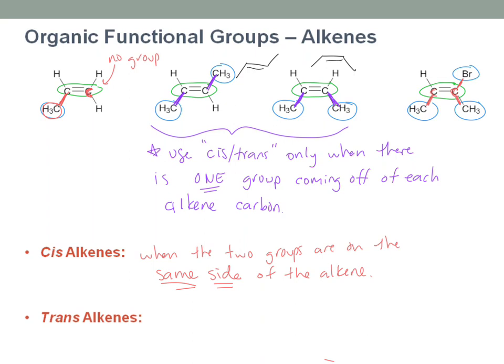You can think about it in terms of sound: cis, same side. Those all have the S sound. Plus the cis has a C in it, and if you look at how these alkenes look, they're always going to look kind of like they have a C shape, where the two groups are on the same side of one another.